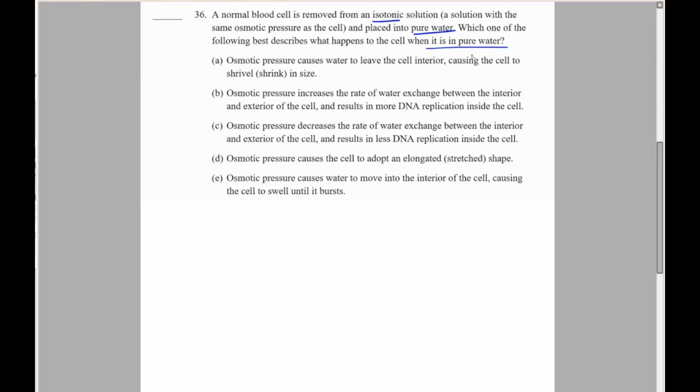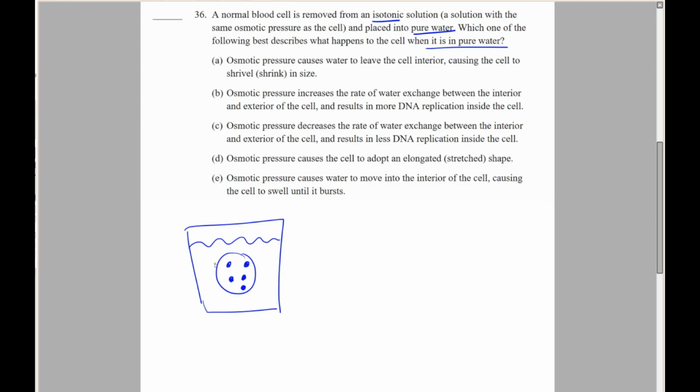So if you remember from osmosis, basically, if we have a cell and some sort of pure liquid around the cell, and let's say the cell has some particles of solute inside of it. Basically, the water is the only thing that can move, because the solutes are too big to move through these semi-permeable membranes. So it's just going to be the water that is moved.